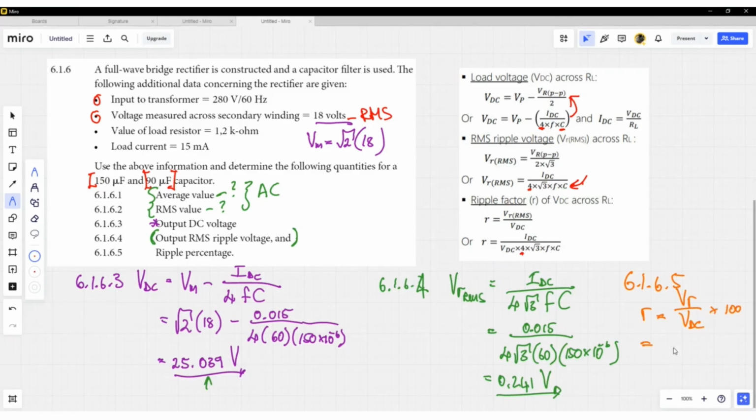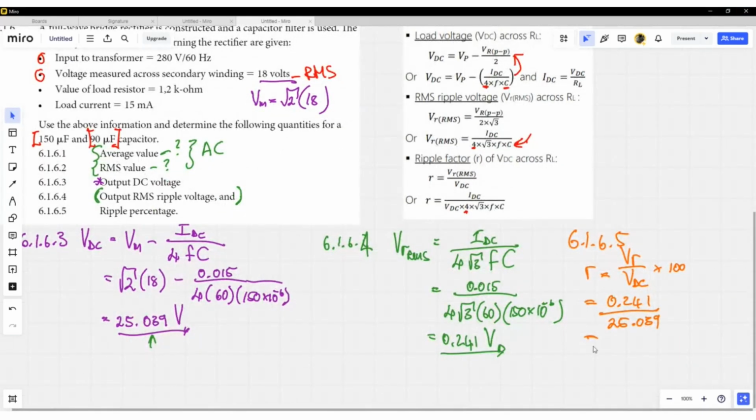So this is then going to be 0.241 divided by 25.039. You guys can see that it's going to be a very small value, and that is just because our average voltage is very close to the maximum voltage, which is kind of what you want. It gives you a very small ripple here. This is going to give you 0.86%, which is less than 1%. So that's actually quite good as power supplies go.